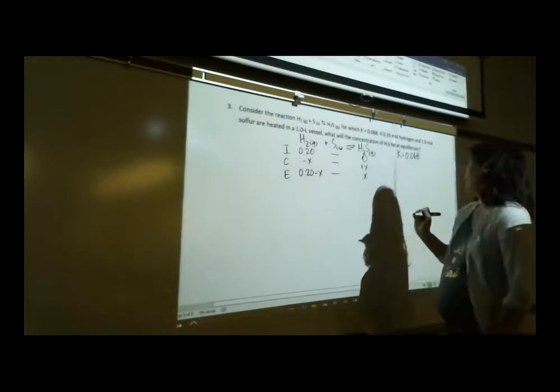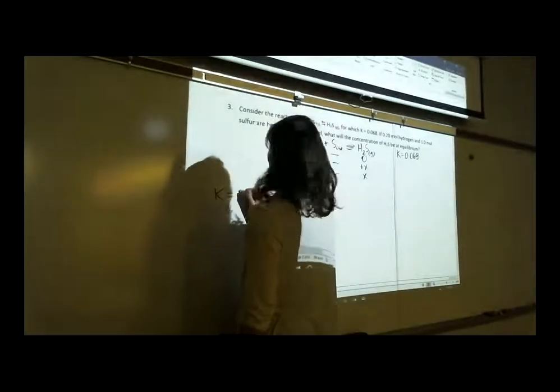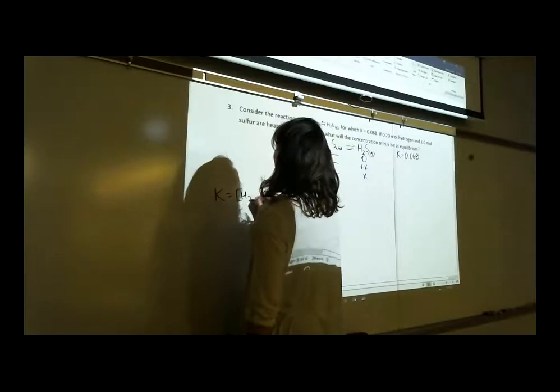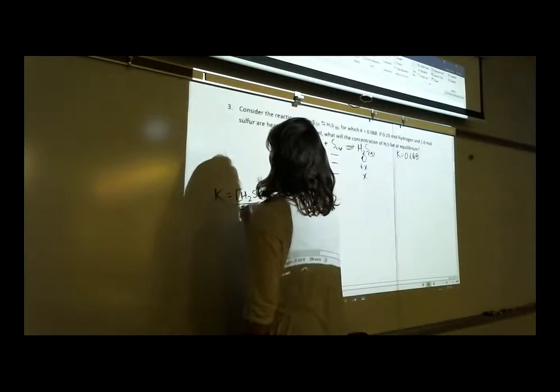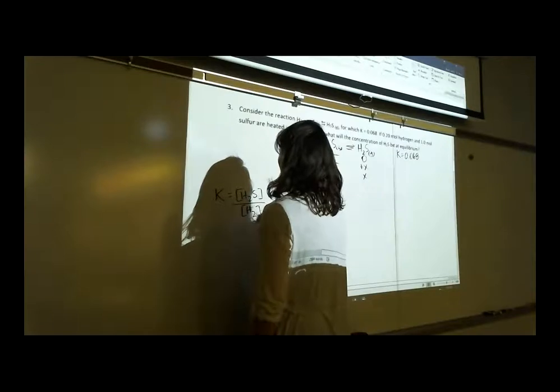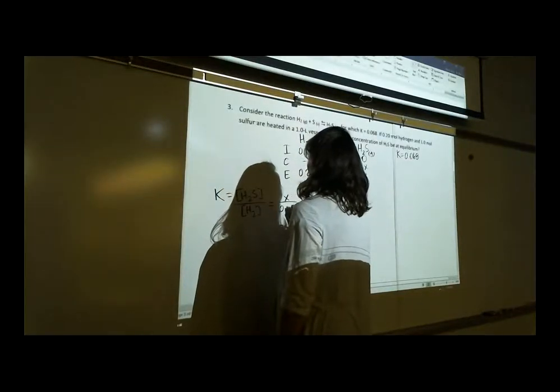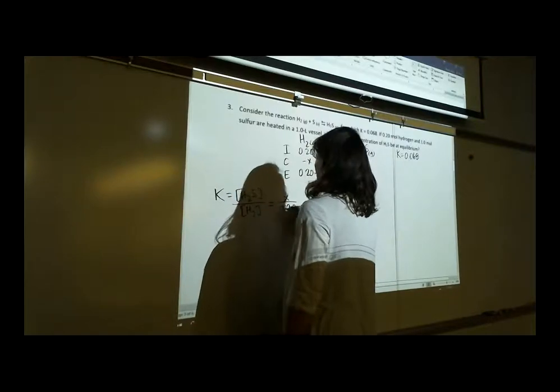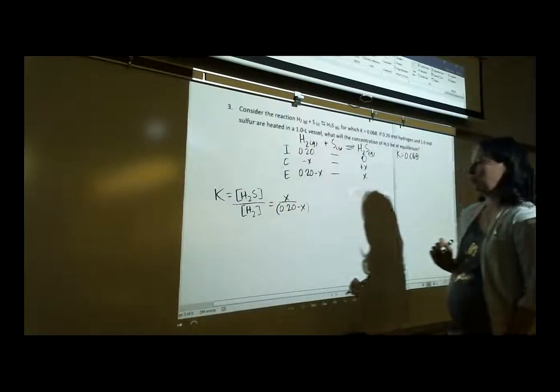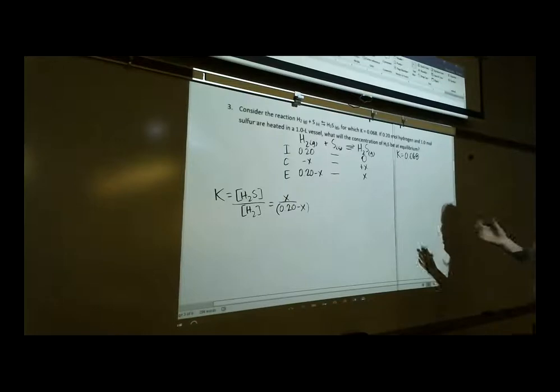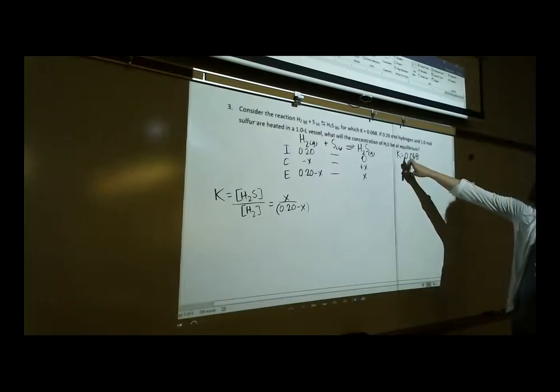All right, so let's write our equilibrium expression. K is equal to the concentration of H2S over the concentration of H2. So that's X over 0.20 minus X. Well, now I'm in trouble unless I know the value of K, which I do know.